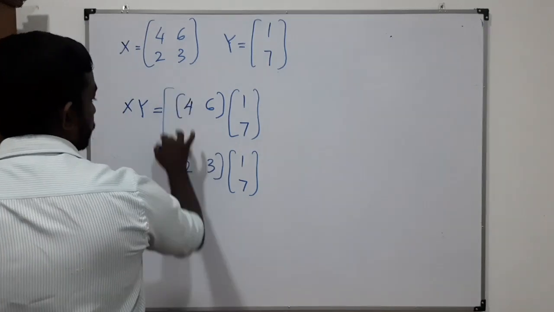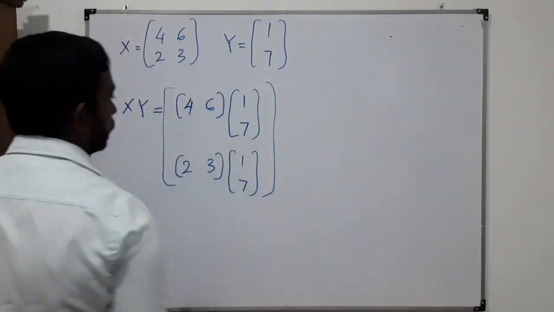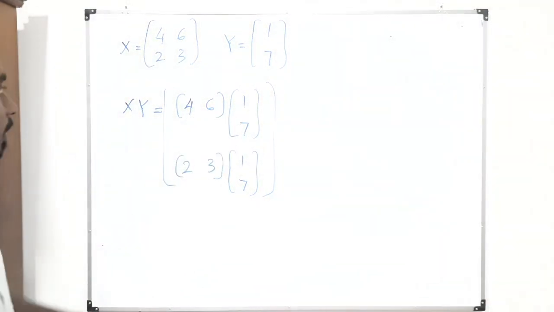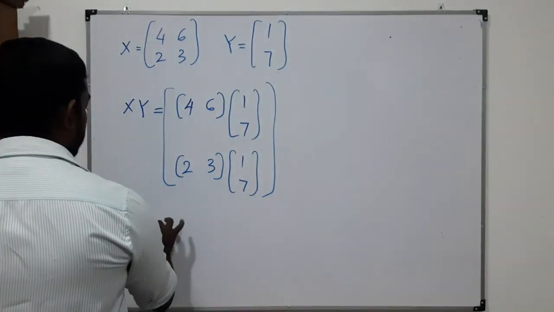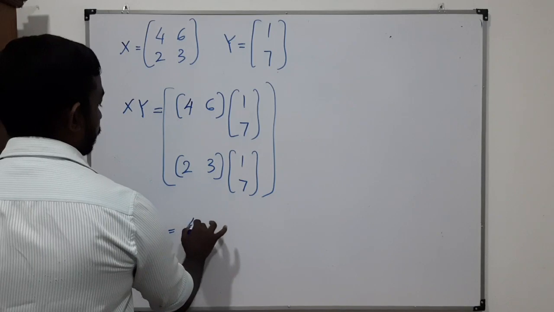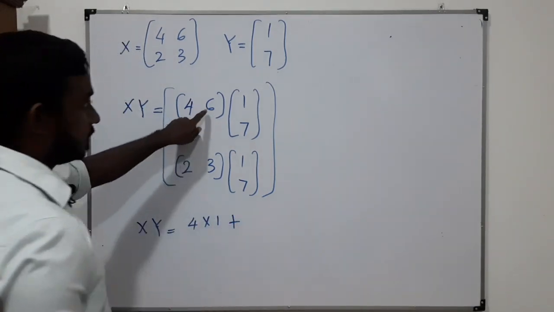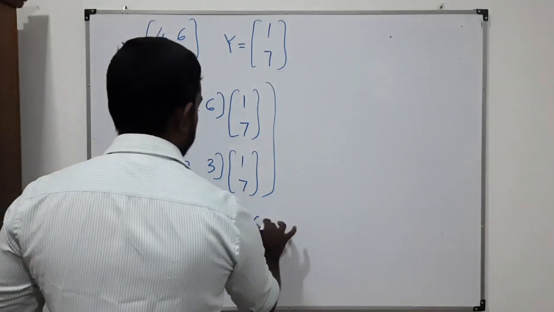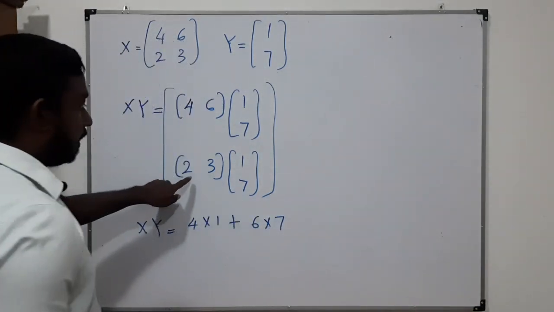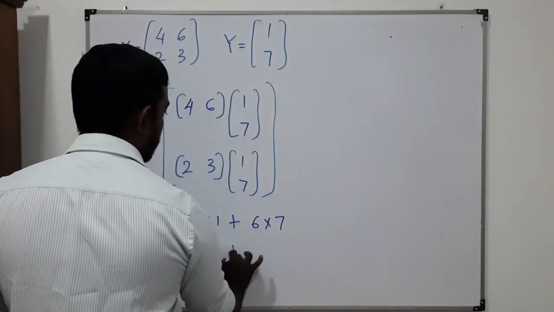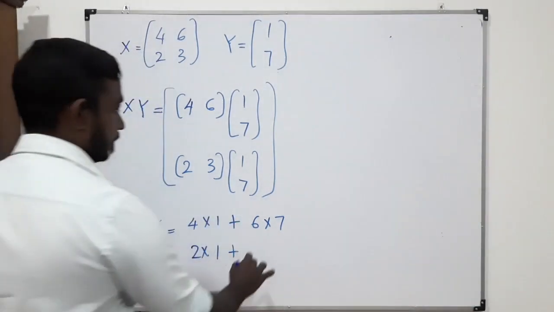Thereafter, you know what you have to do. You have to multiply the first element with the top element. 4 times 1, then plus 6 times 7. Then again 2 times 1. Now you know the order. 2 times 1 plus 3 times 7.